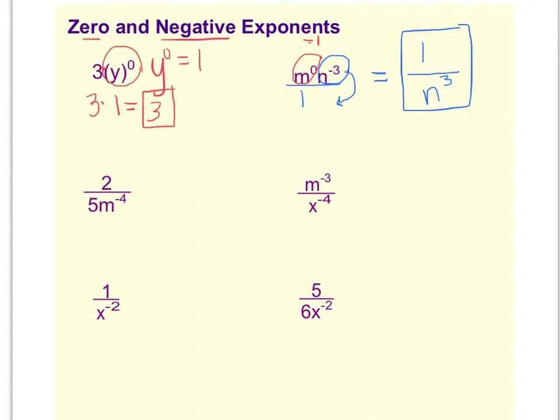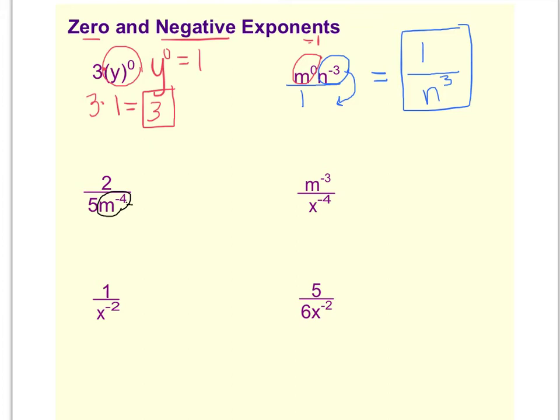Alright, next example, 2 over 5m to the negative 4. When we see this example, really the only thing that we think we need to do something with is this negative exponent. So what we have to make sure we have straight is whether the negative exponent is with just the m, or both the m and the 5. Because there's no set of parentheses, this negative exponent is only with the m.